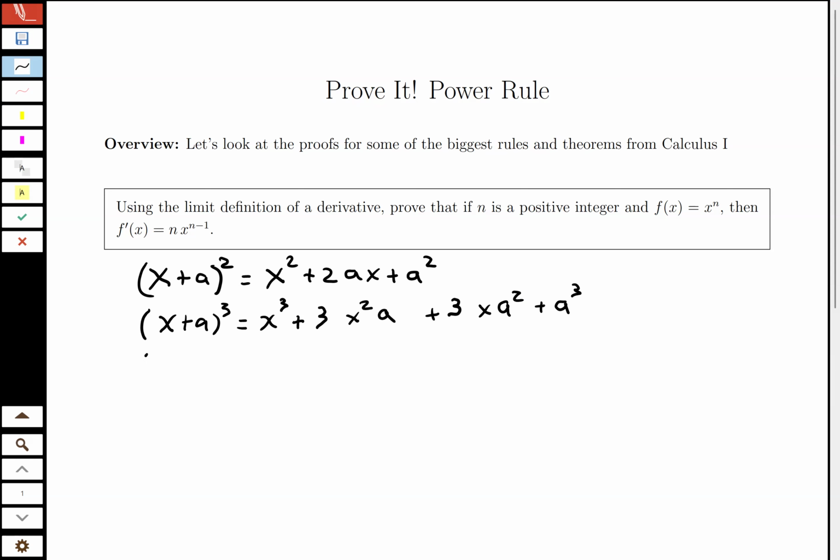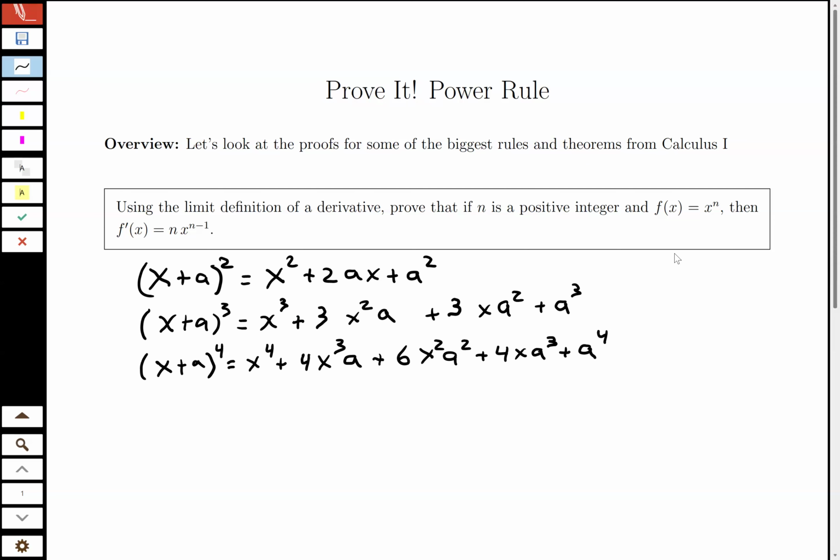If I were to do (x + a) to the fourth, I'm really just trying to understand how powers work here. I'd have x to the fourth plus 4x cubed, picking up an a, plus 6x squared a squared, plus 4x a cubed, plus a to the fourth.